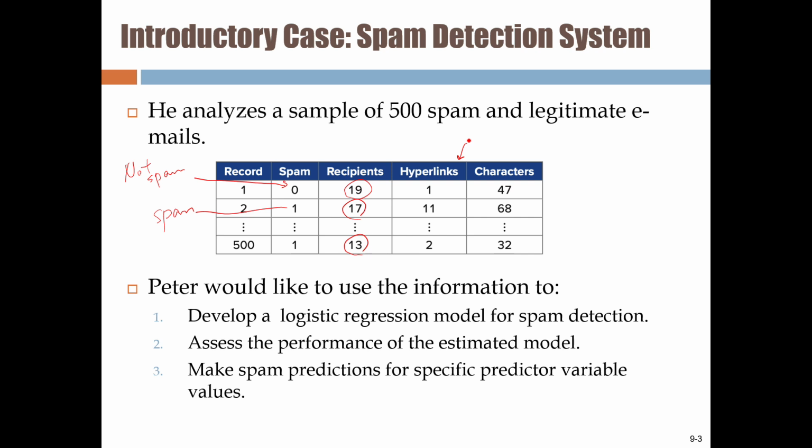What is a typical spam email? It's sent to a lot of people. That's why there are a lot of recipients, and it is trying to do what we call phishing: trying to lure you into some fake website and collect some information.